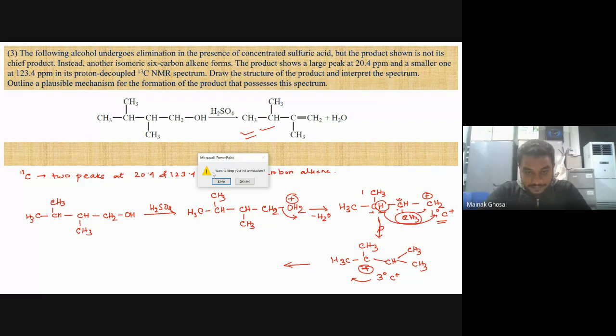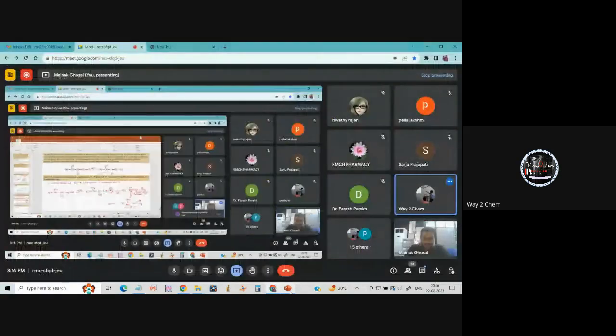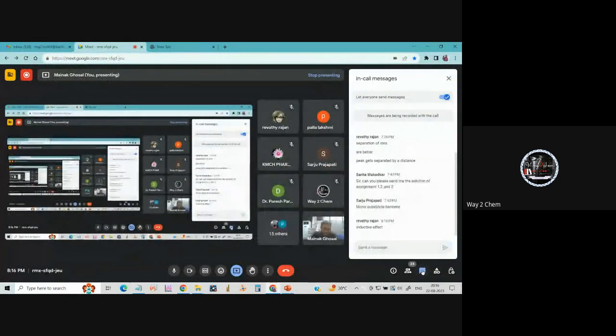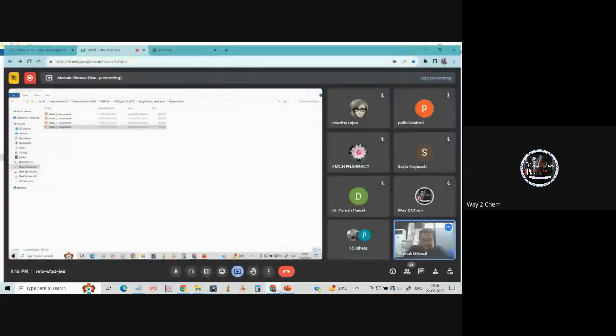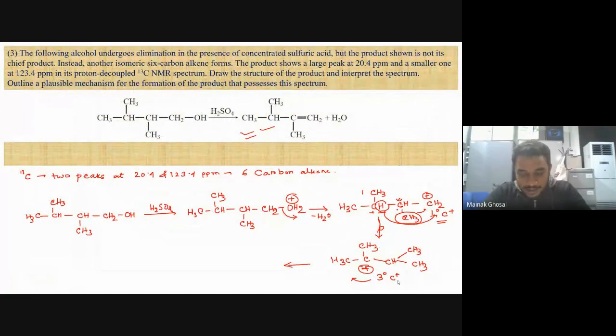Inductive effect of methyl, plus inductive. Anyone else? Hyperconjugation. Exactly. This is the main reason, hyperconjugation.